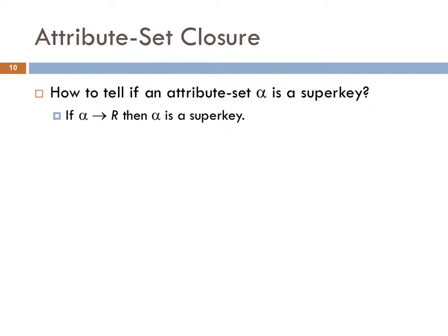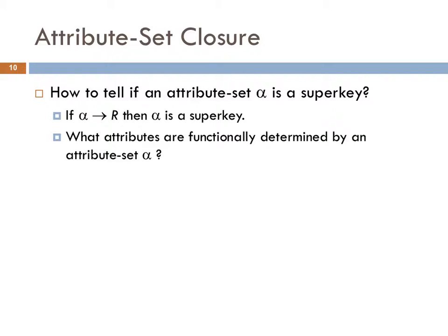What we're saying is the values of those attributes uniquely identify tuples within the relations. That's no problem. So what attributes are functionally determined by an attribute set alpha? Because remember that there's a bit of a vacuum here. We need to know our set of functional dependencies. Part of that is our key constraints as well.